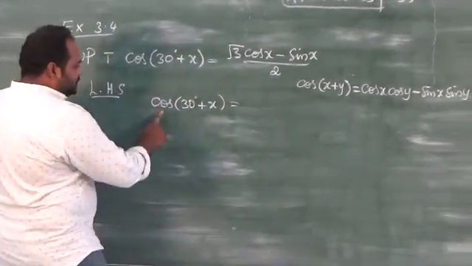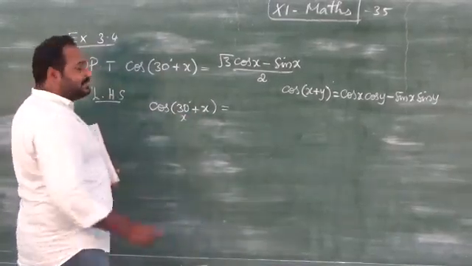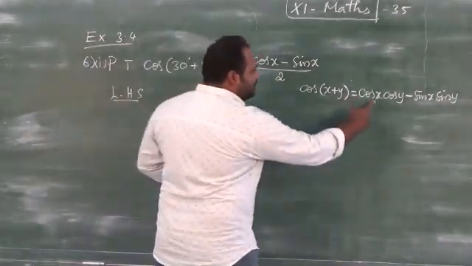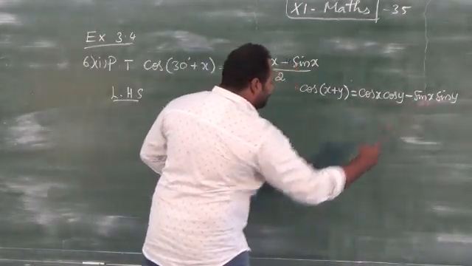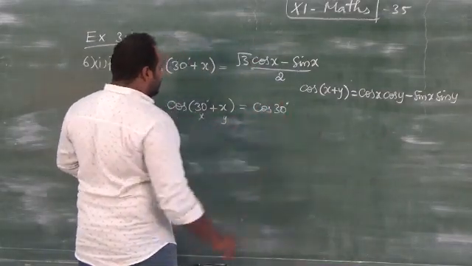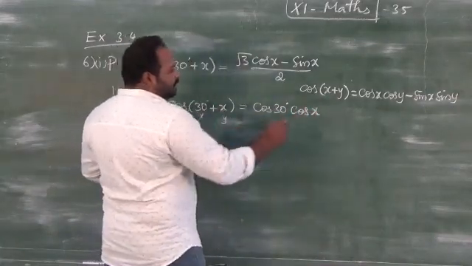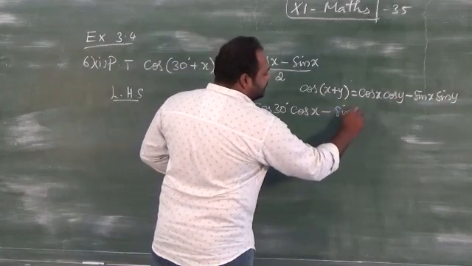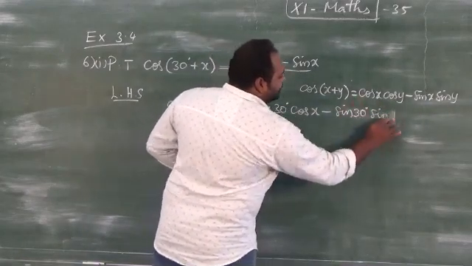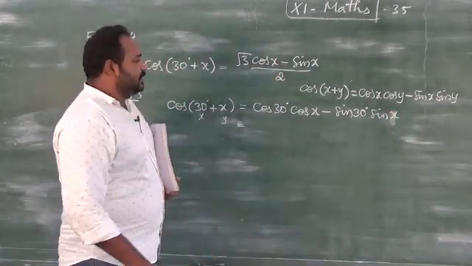Okay, now this is a form of x plus y. So here I am going to consider 30 as x, x as y. Now what is the expansion of cos x cos y minus sin x sin y? So here cos x is cos 30 degree, cos y is x, minus sin x is sin 30 degree, sin y is x. Now, it's very simple, that's all.